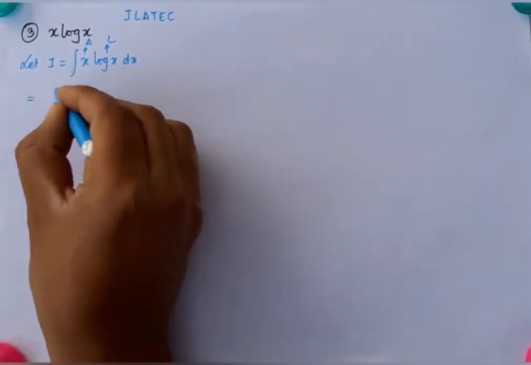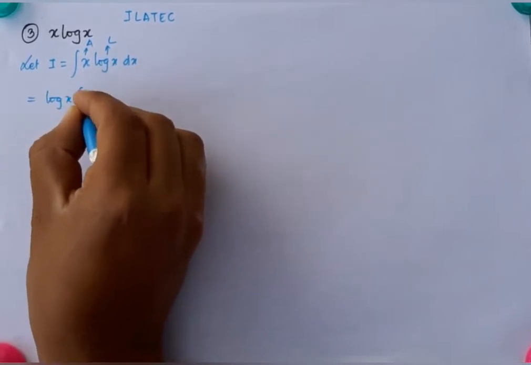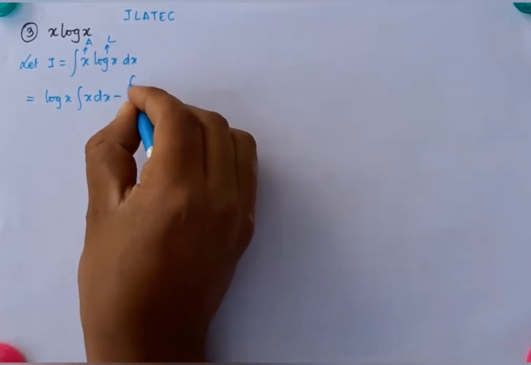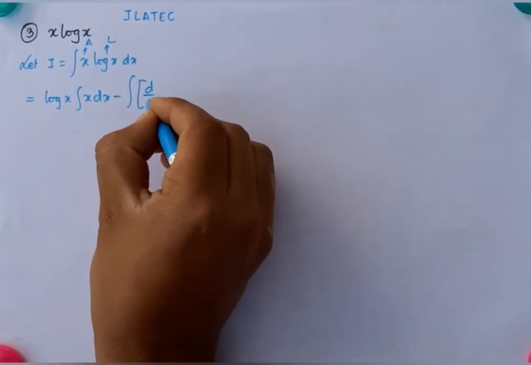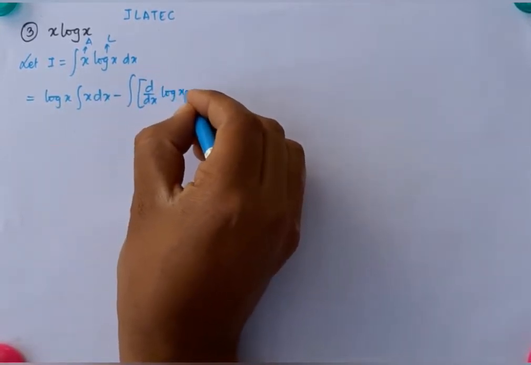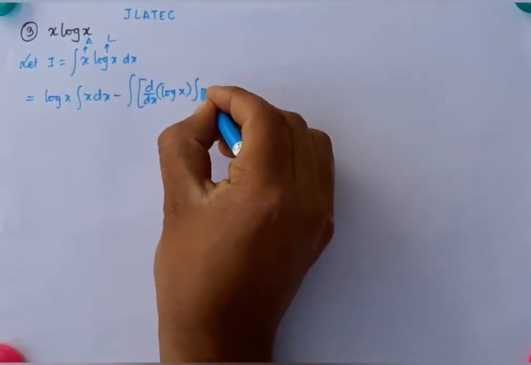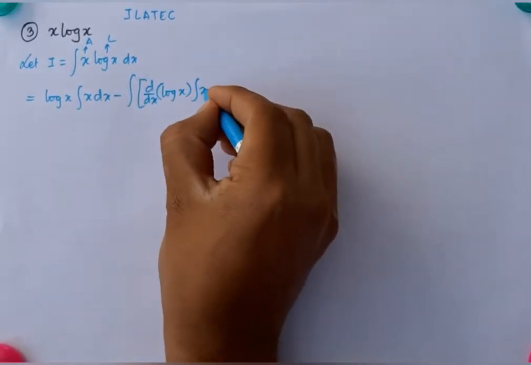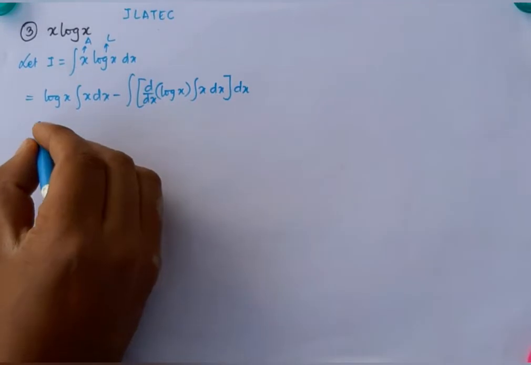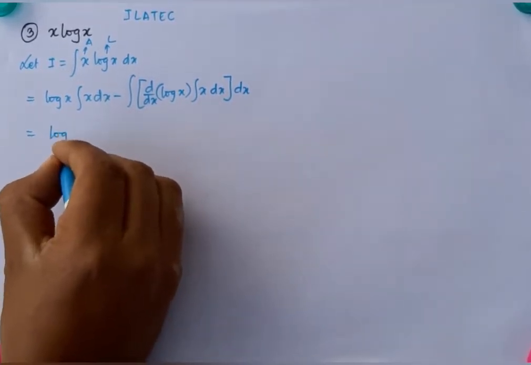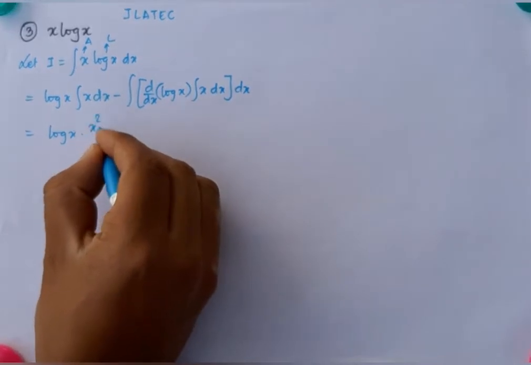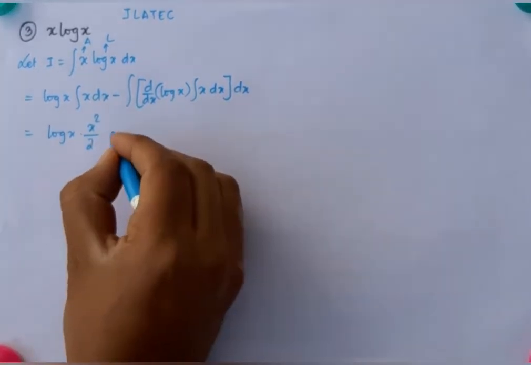So this becomes f1, that is log x integral of f2, that is x dx minus integral of d by dx of f1. f1 is log x, yes, integral of second function, that is x dx, so outside one more dx. Okay, fine. So log x, now integral of x to the power 1 is x square by 2, right?